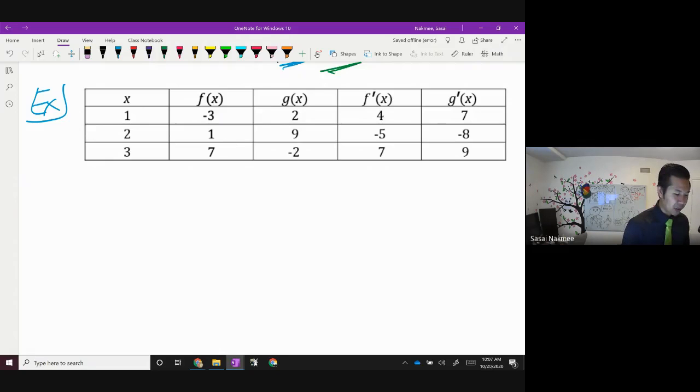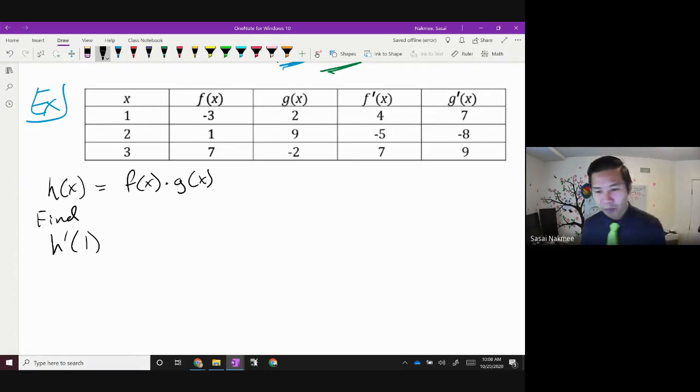Let's say I have a third function, let's call it h of x. h of x is going to be equal to f of x times g of x. For this problem, they want us to find the derivative of h of x evaluated at 1.